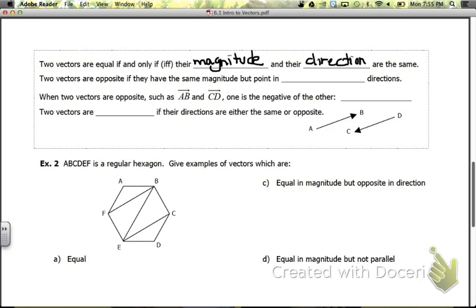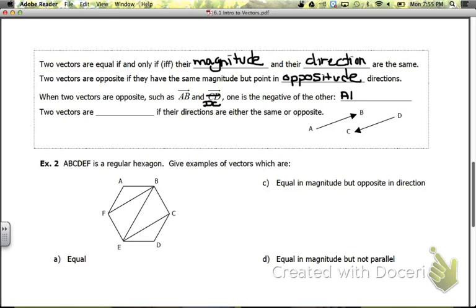Now 2 vectors are opposite if they have the same magnitude but point in opposite directions. When 2 vectors are opposite, such as AB and DC, one is the negative of the other.